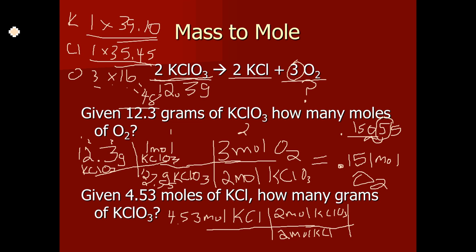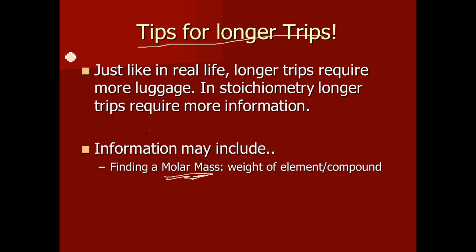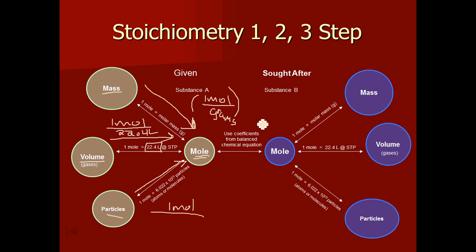Now I have to go from moles to mass, or to grams. And if I fly back to this original table here, somewhere, oh, I guess it erased. Oh no, that's tragic. What it should have been is grams over 1 mole here. So that's what we're going to do.